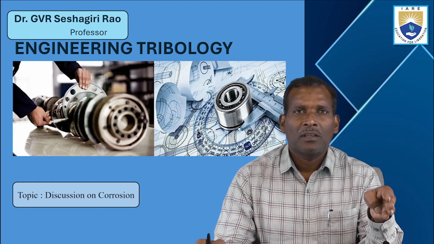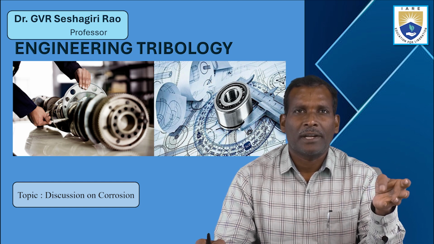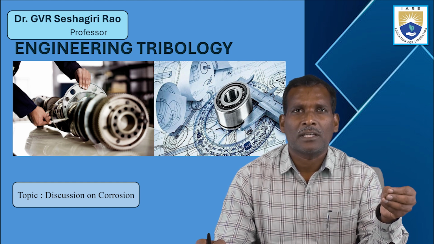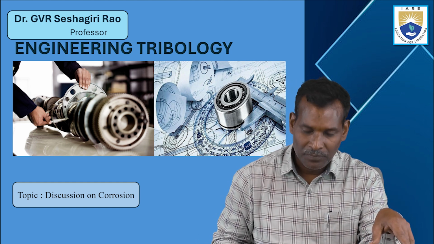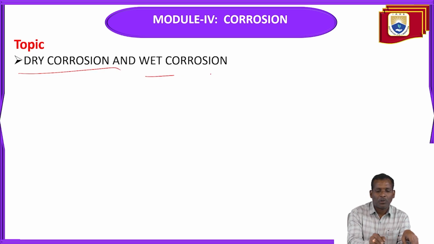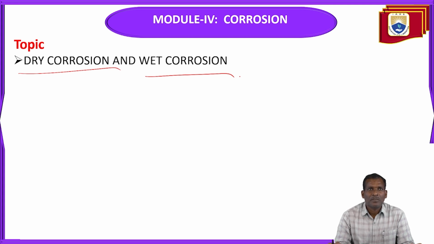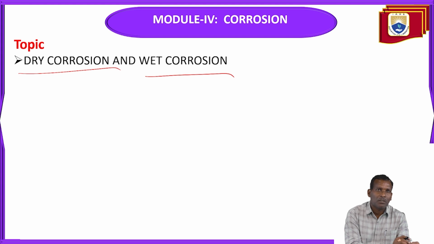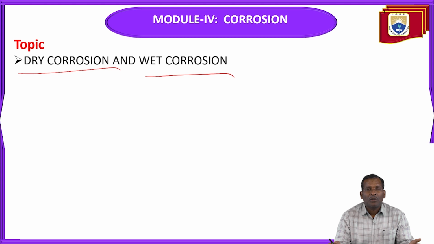We will see the corrosion introduction, the types of corrosion, the corrosion properties, and the preventing methods in this session. The topic is dry corrosion and wet corrosion. Two types of corrosion are there. You already know corrosion is a material removal process, meaning rust formation. Due to corrosion, some material will be wasted and removed from the metal surface.